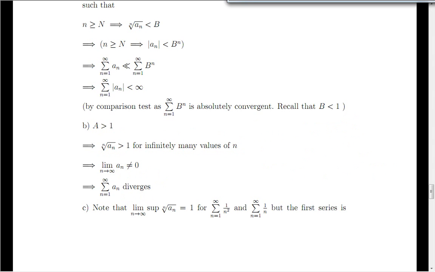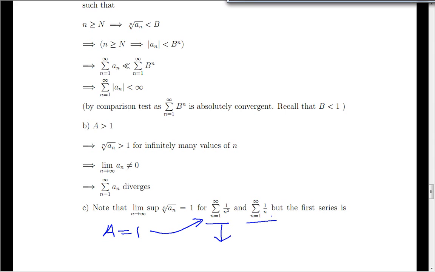Finally, to prove that test fails when A is equal to 1, it is sufficient to give two series for which one series is convergent and other series is divergent. For both of these series, A is equal to 1: the second series 1 upon n square and harmonic series.